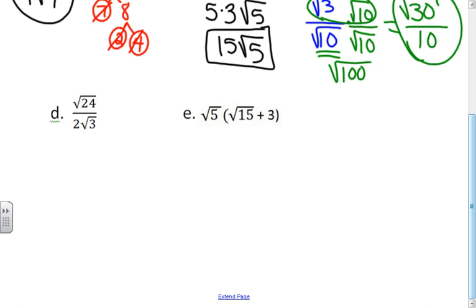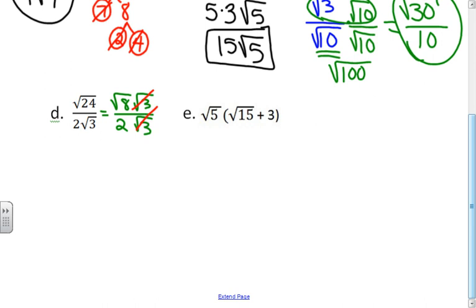Couple of different ways to look at D. We could go ahead and rationalize the denominator if we want, but I could also think about the fact that the square root of 24 would be the square root of 8 times the square root of 3 over 2 square roots of 3. And the square root of 3 divided by the square root of 3 cancels.